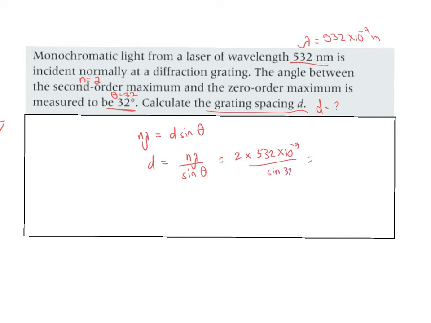And you should get 2 times 10 to the minus 6 meters. So that's the grating spacing. Now, if you want to know how many lines per meter or per millimeter, you just do 1 over this value. Even though I didn't ask for it, then you know how to do it. It's the reverse of each one.